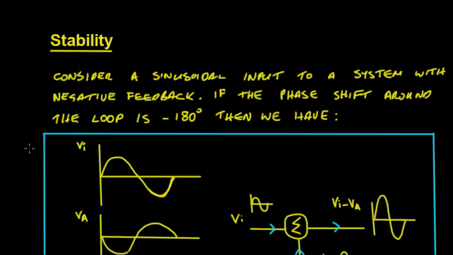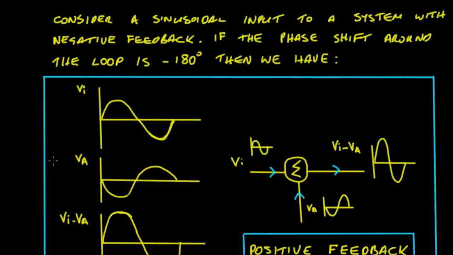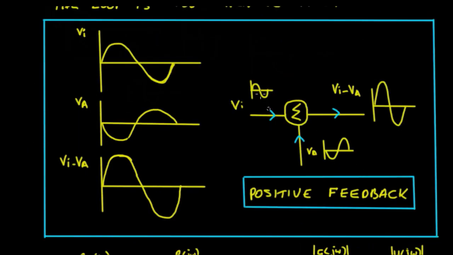Now let's consider we put some input signal in, so there's a sine wave going into this op-amp here, and this is going to give us a gain, so there's a gain at the output here. It's going to be Vin minus Va times some gain factor, and we're going to take some part of it and we're going to feed it back to the input of the op-amp using negative feedback.